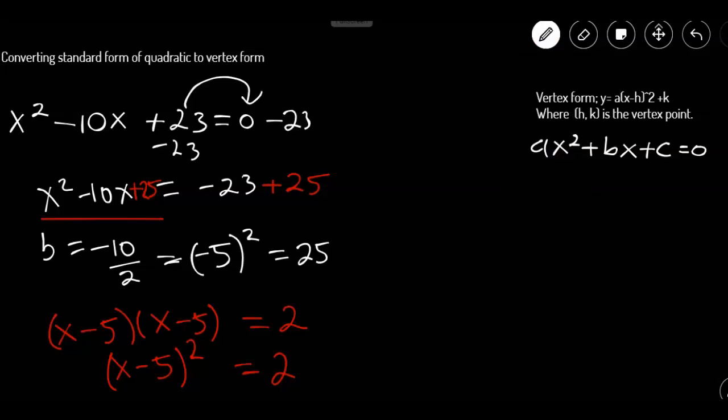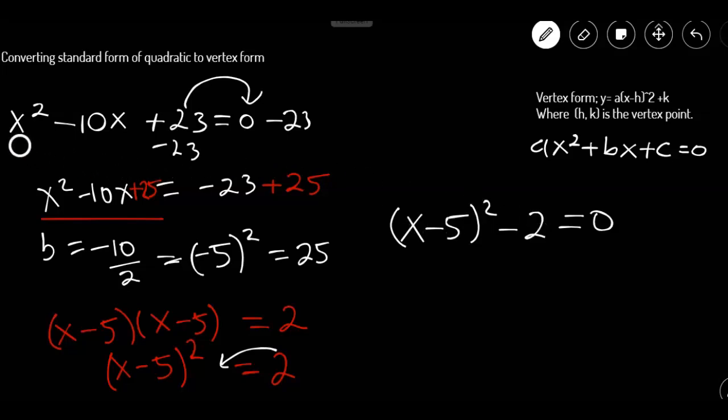What we do now is bring this back here. So it's positive; when it comes over there, it's going to be negative, because we are making a 0 over there. We have to subtract. We get negative 2, and it equals 0. And this is the vertex form of a quadratic.